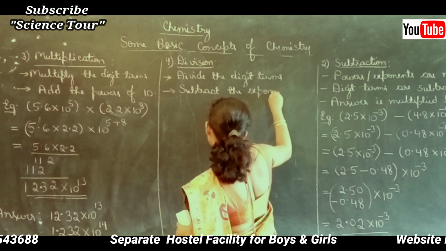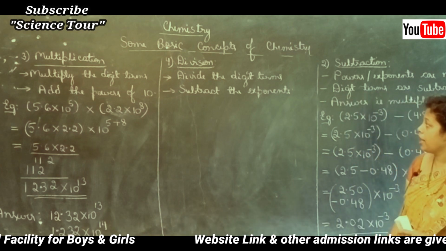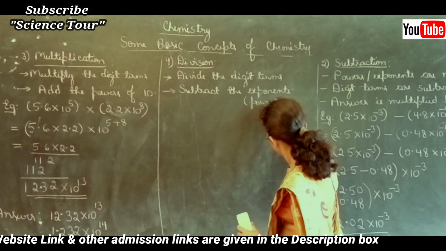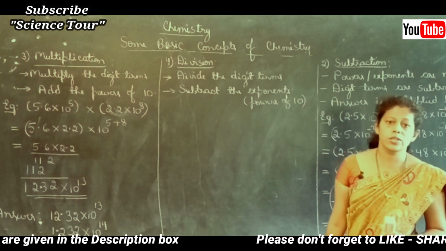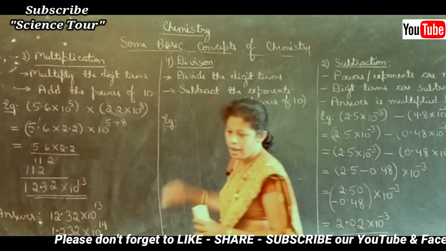Divide the digit terms, subtract the exponents, or subtract the powers of 10. Subtract the powers of 10. Let's have one example. Let's take the example this way.